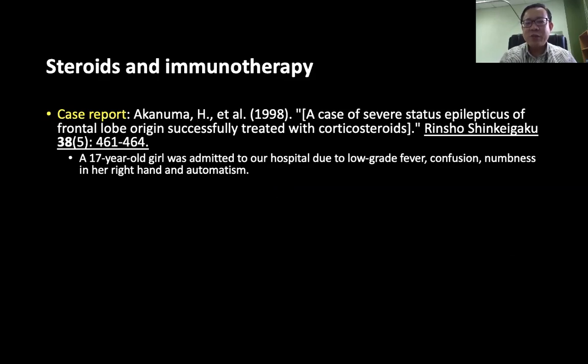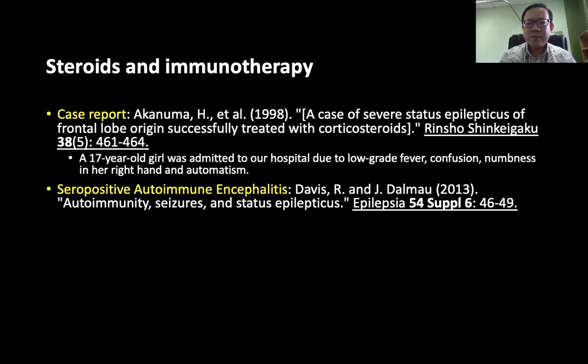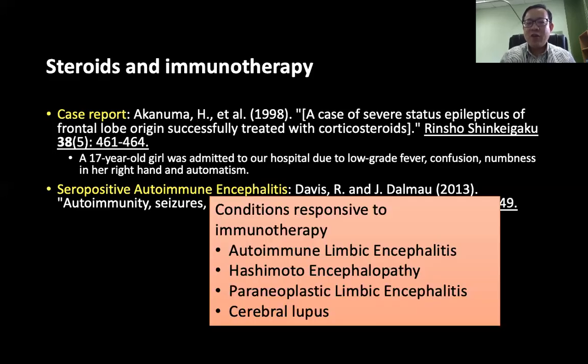Steroid is useful, especially if you think the cause is autoimmune. Sometimes we don't have an autoimmune screen, or the autoimmune screening is negative, or there is no MRI or other changes to suggest autoimmune. But yet, seronegative autoimmune encephalitis is responsive to steroid in some case reports that we have seen.